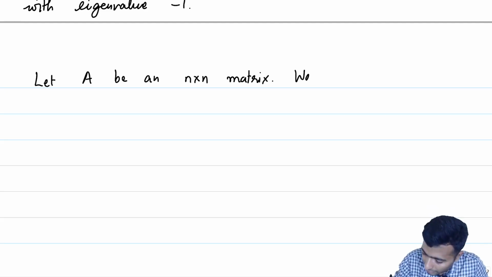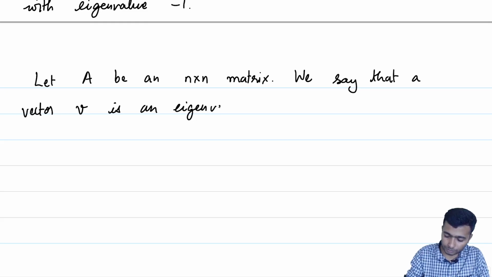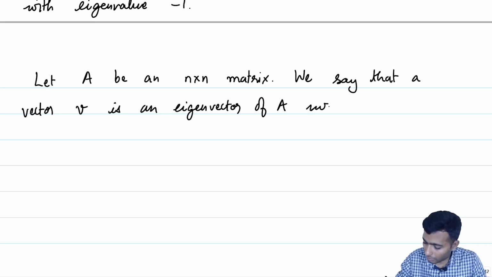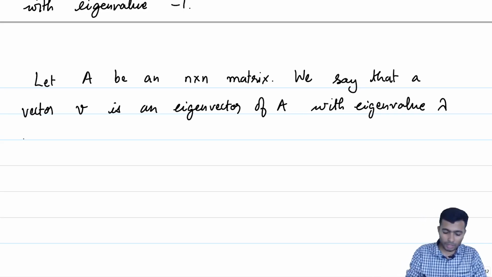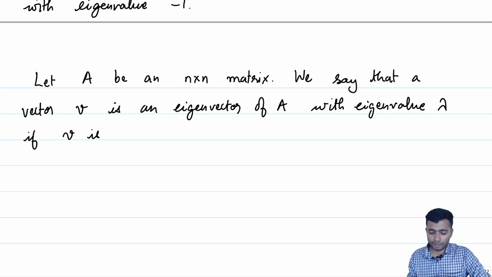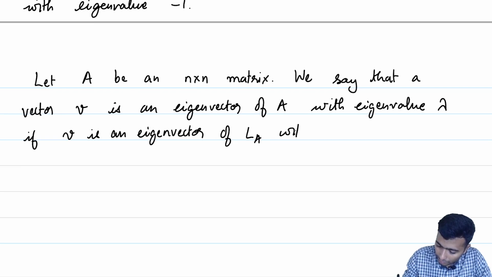We say that a vector v in R^n is an eigenvector of A with eigenvalue lambda if v is an eigenvector of the linear transformation L_A with eigenvalue lambda.